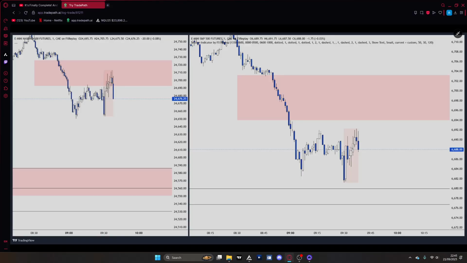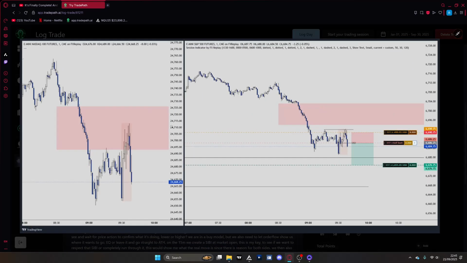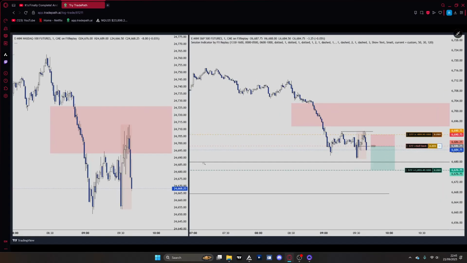We have a BISI right here, and I want to see that inversed, and I'd want to target London and Asia low, and that's exactly what I did. That's exactly what happened. We had the setup and took it to London and Asia low.